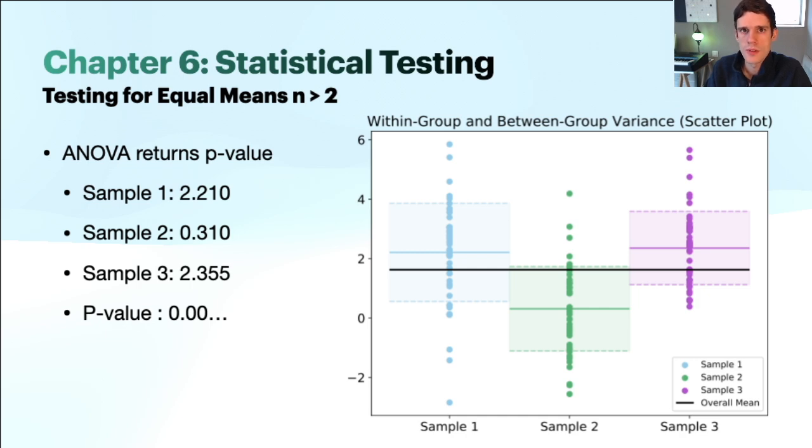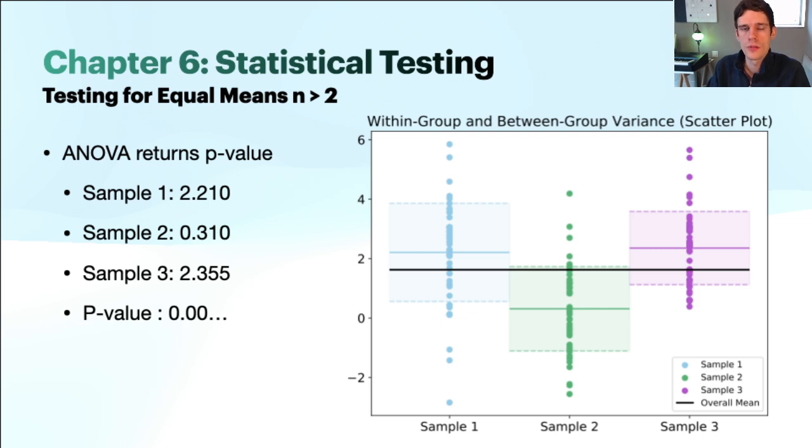And this also reflects in the p-value that we compute. It's basically 0.00 and so on. So for all intents and purposes, it is 0. So we reject the null hypothesis and we conclude that at least one of our three samples comes from an underlying distribution that has a significantly different mean than the others.